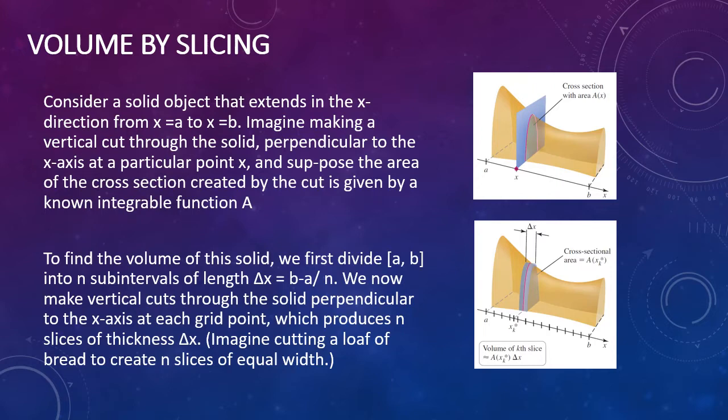Now, like a slice of bread, that rectangle has thickness as we slice through it. Delta x is now the thickness of the shape. A rectangle turned into a box would be length times width times height, so the height in this case is what we use as delta x.